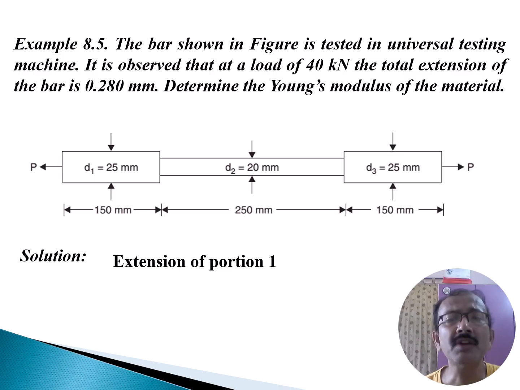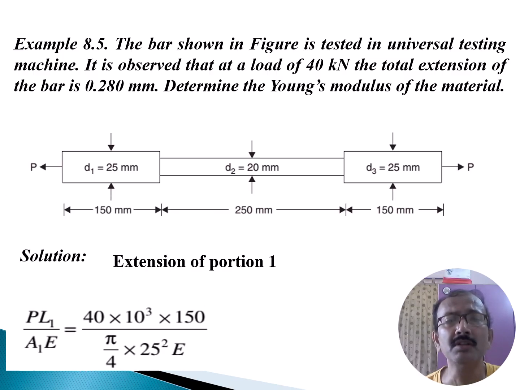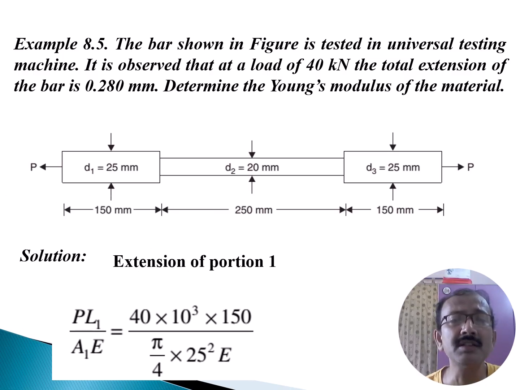The solution is, first, the extension of portion 1. From the formula we can easily calculate the extension, PL1 by A1E, putting the values of P, L1, the length of the portion, A1, the cross-sectional area, and E, the Young modulus or modulus of elasticity.